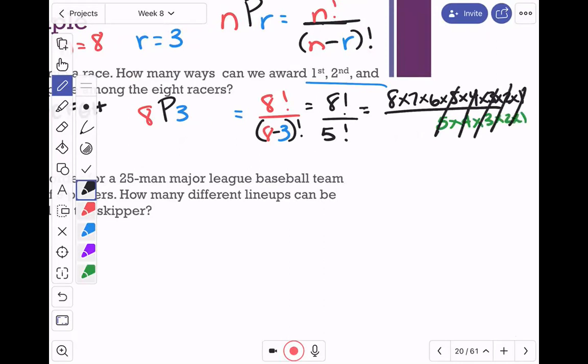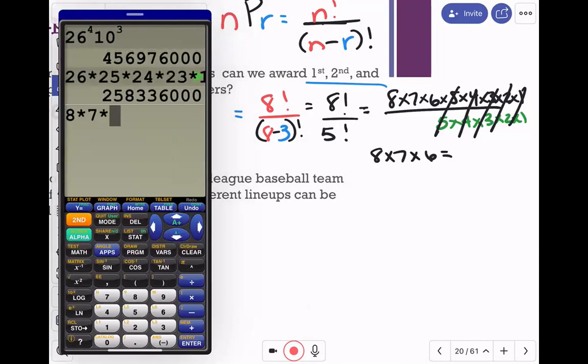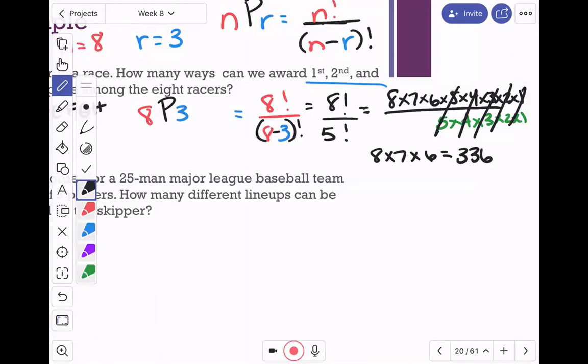Those are all canceling out, right? So what is this really equal to? 8 times 7 times 6. There are 336 ways to rearrange first, second, and third if 8 people run a race.